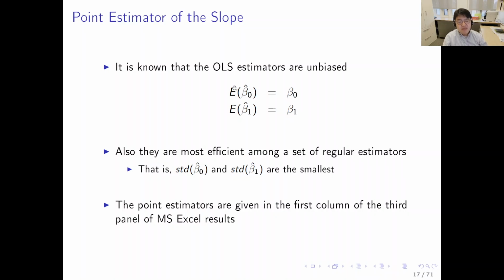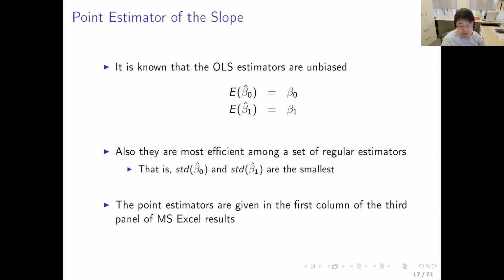I'm not going to go into the details of what we learned in earlier chapters, but first, we know that there is a mathematical theorem that proves that the OLS estimators are unbiased, right?